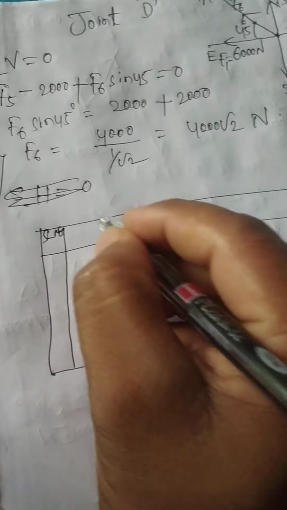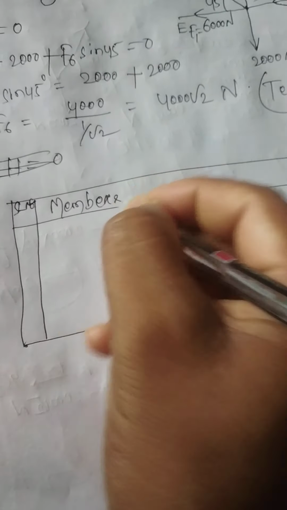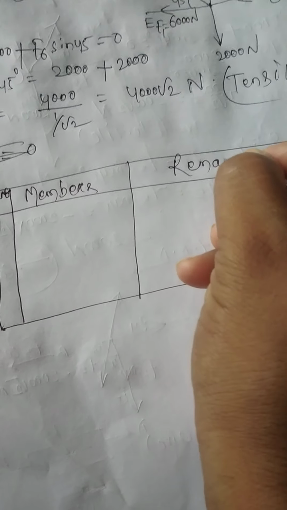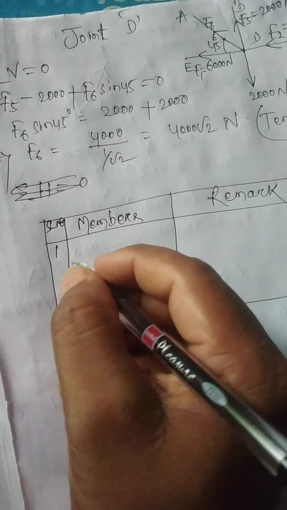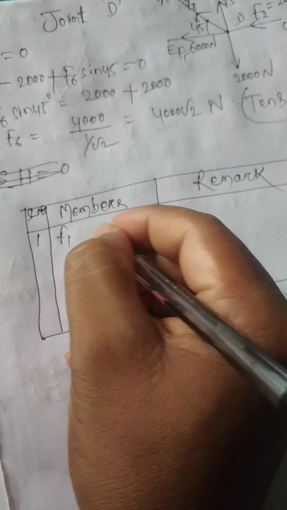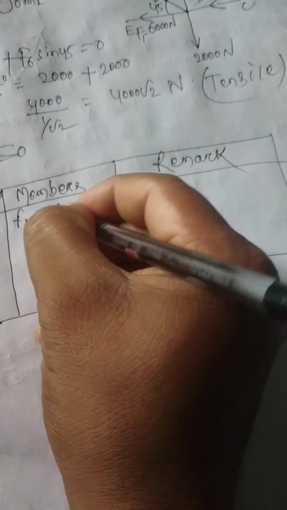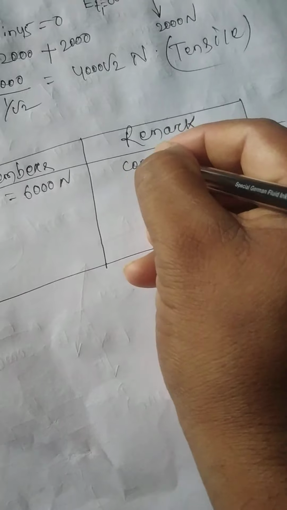This is serial number, then you have to write the members, then you have to give the remark. Okay, so serial number 1 we got F1. What is the value of F1? 6000 Newton, and the remark is compressive.